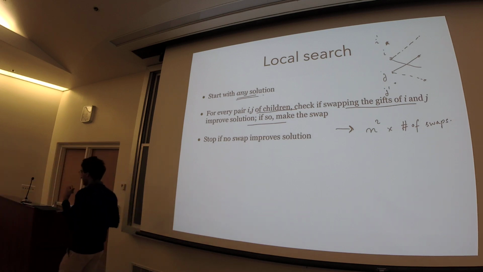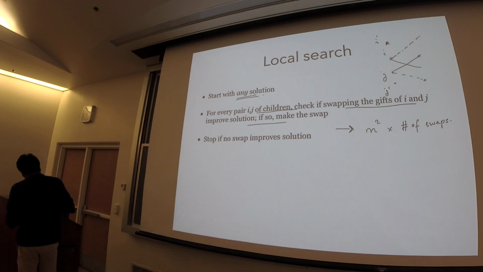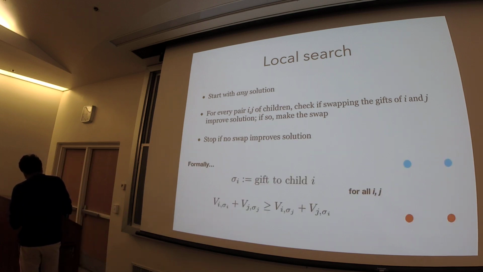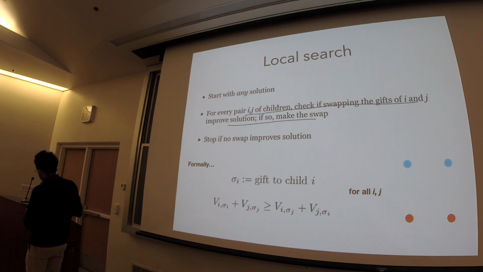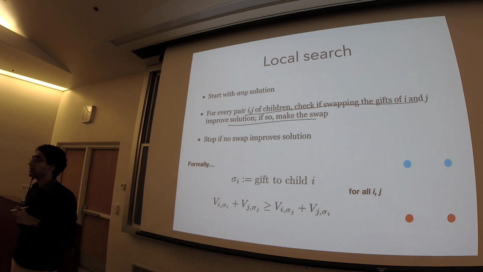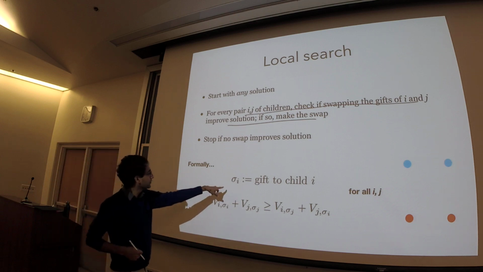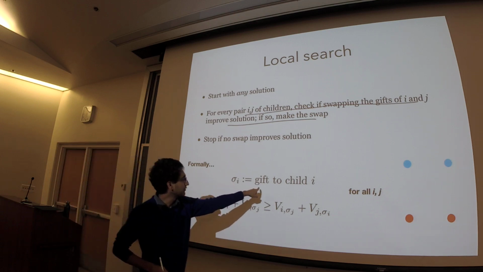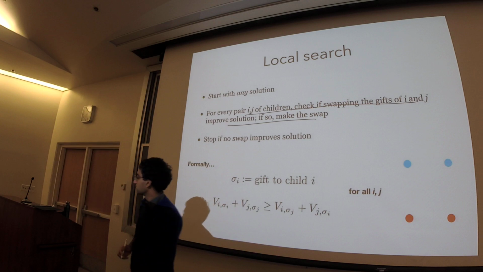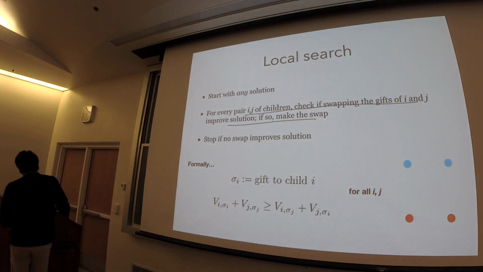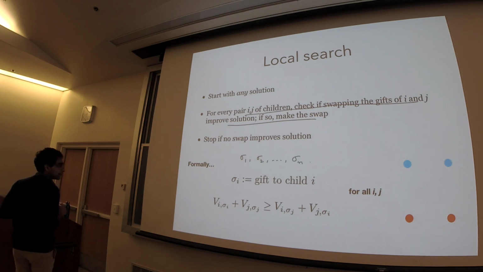Let me write down formally what it means to be locally optimum. This is what I wrote down. If you denote by sigma I the gift to child I, then a solution is given by sigma 1, sigma 2, ..., sigma n, for the n children.